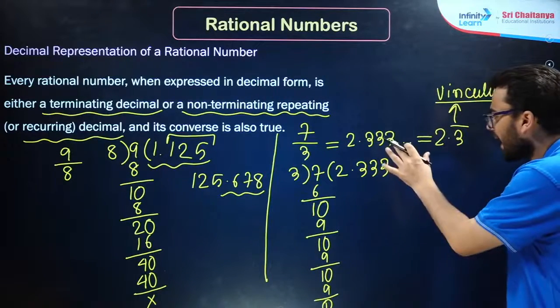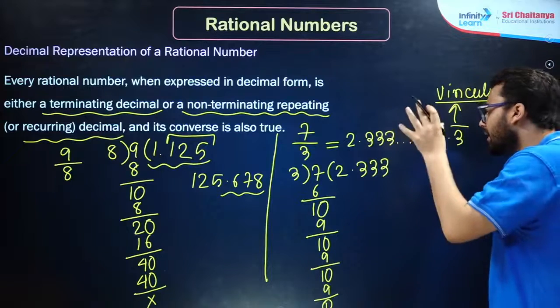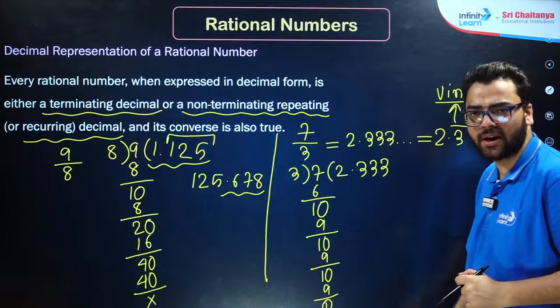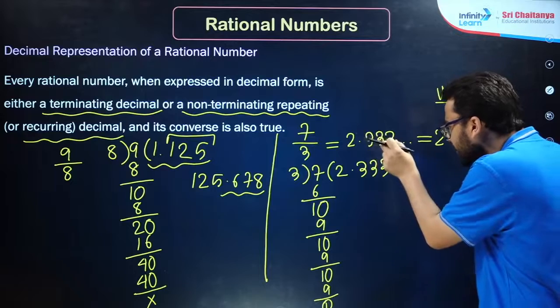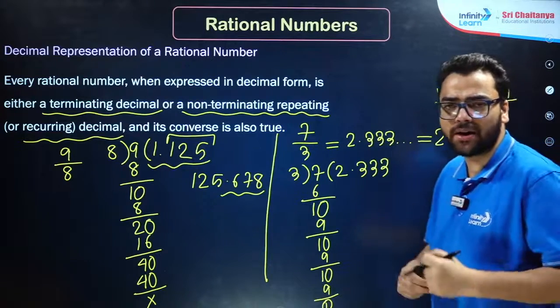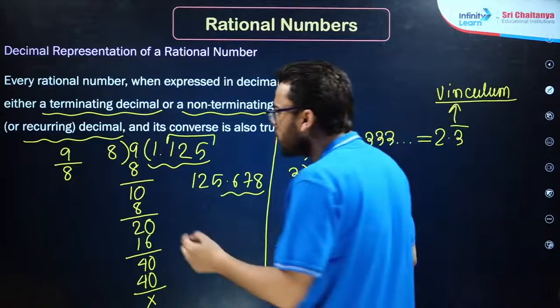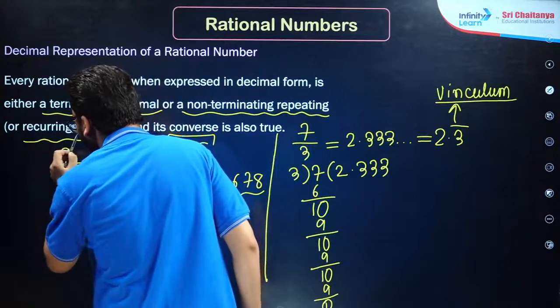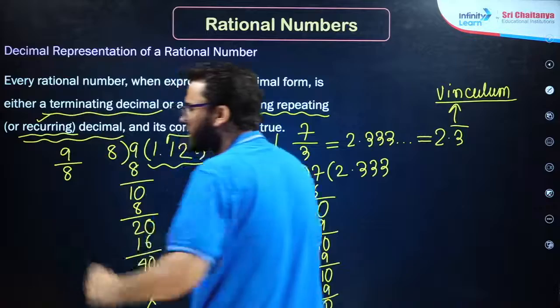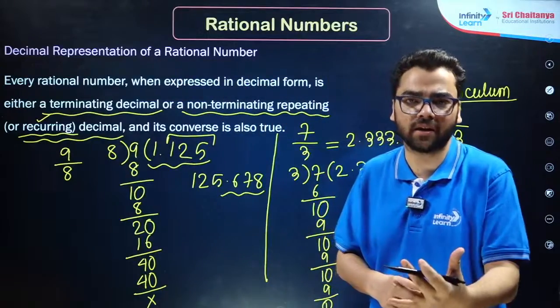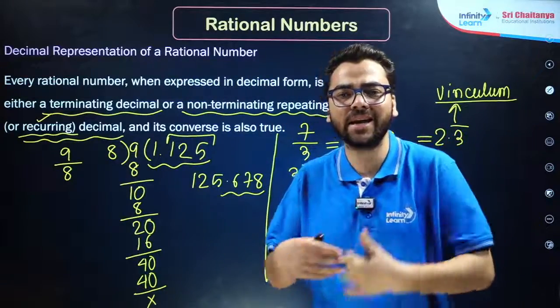Or you can have a non-terminating but repeating decimal representation. It is not terminating but the same thing is repeating. So you call it non-terminating repeating decimal representation, or you call it recurring decimal representation. Recurring you can understand from the word reoccurring. It means it is occurring again and again.